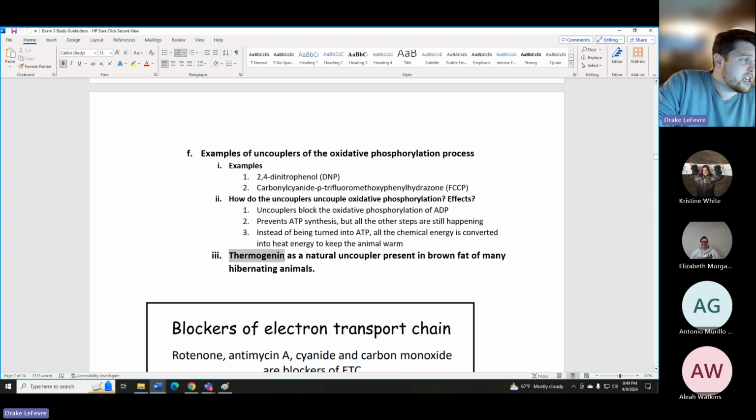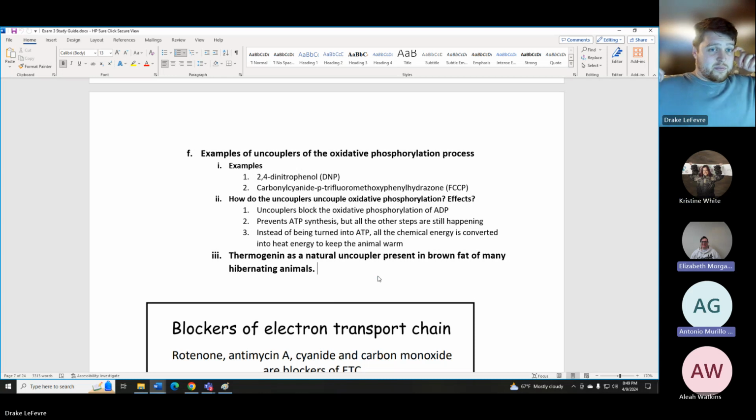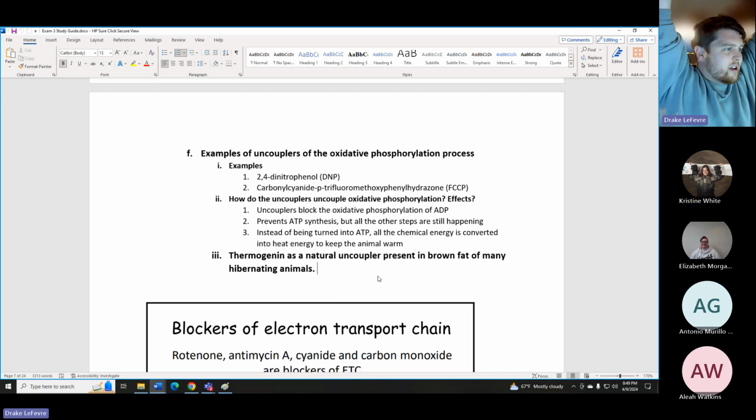If we think brown fat, like hibernating animals, how much are they using their muscles, moving around, jumping, running around, hunting? Not very much. So do they have a need for constant production of ATP? No. But they do have a need for heat because it's really cold out when they're hibernating.